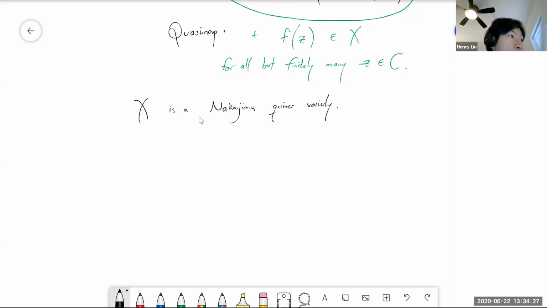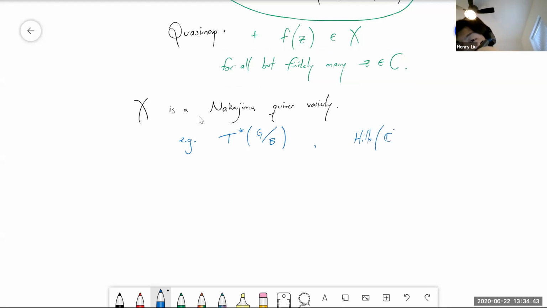So let me just say the two standard examples. The two simplest examples here are cotangent bundles of flag varieties, and Hilbert schemes of points on C^2. Okay.